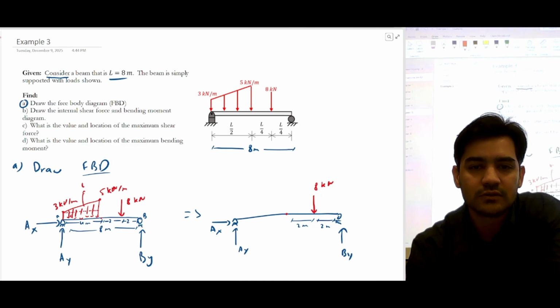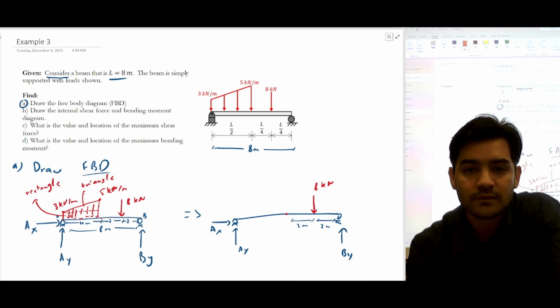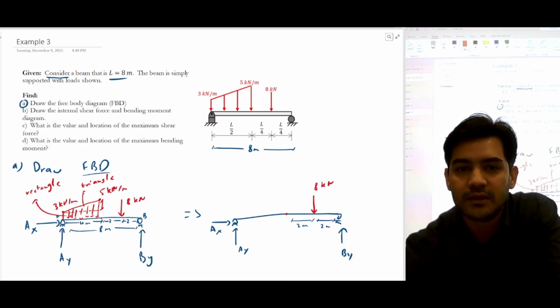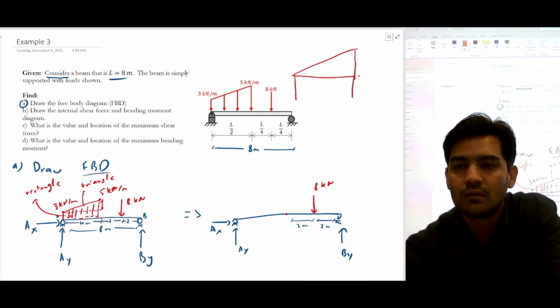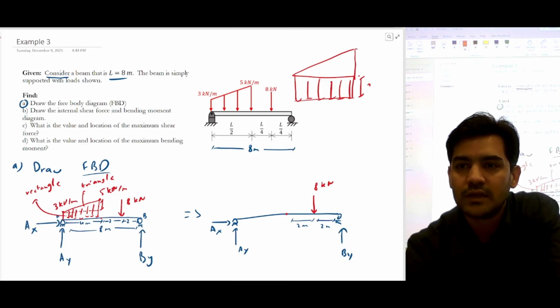So this is a triangle, this is a rectangle. I can draw it a little bit bigger here for you to see. This height is 3 kilonewton per meter, and this height is 2 kilonewton per meter, right?